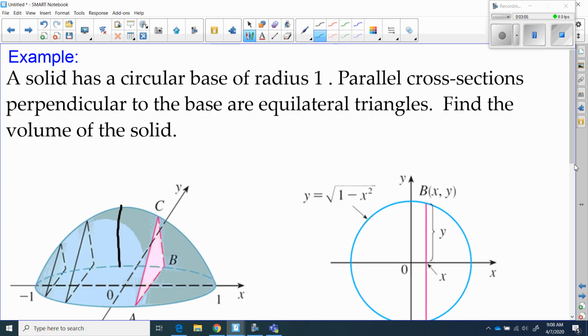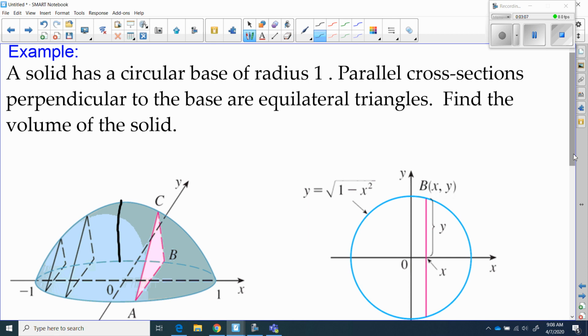So this is just a couple more images. This one talks about a solid that has a circular base of radius 1. The picture over here shows that pretty well. Now I know sometimes people say, where did this come from? We're supposed to know from our studies that the equation of any circle is always x squared plus y squared equals the radius squared.